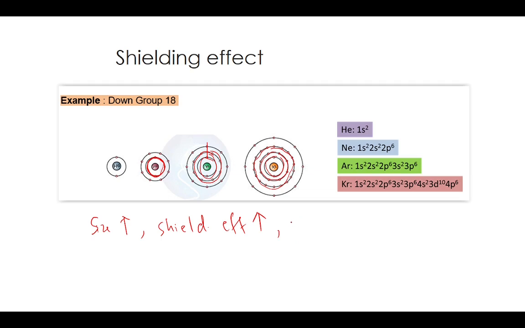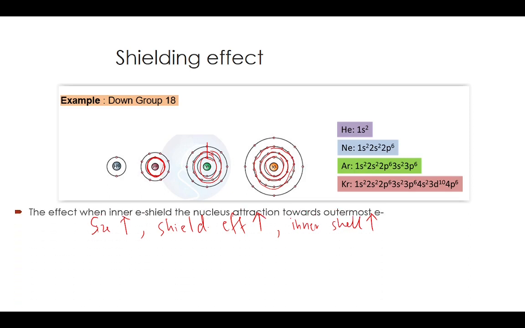Because there are more inner shells. This is the short form that you can use to make it easier to study this topic. The shielding effect is the effect when the inner electron shields the nucleus attraction towards the outermost electron.